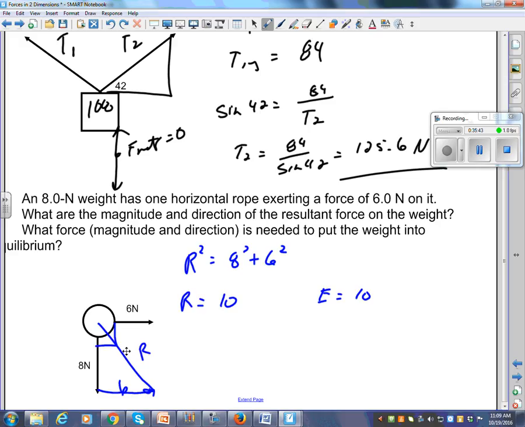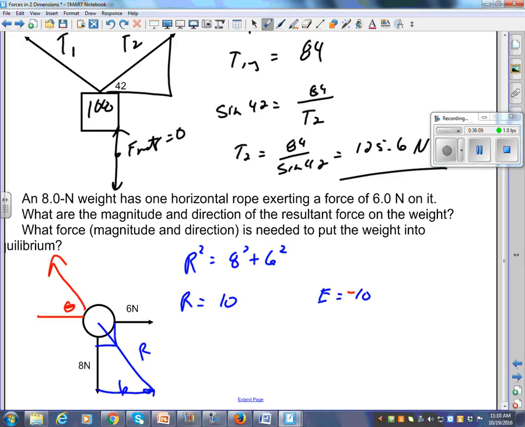I'm just going to say minus 10. Equilibrium. It says those 6 newtons is holding on. It does say that, yeah. How would you describe this direction then? Because that's what it is. I mean, you can find an angle, I guess if you want. I would accept minus 10.